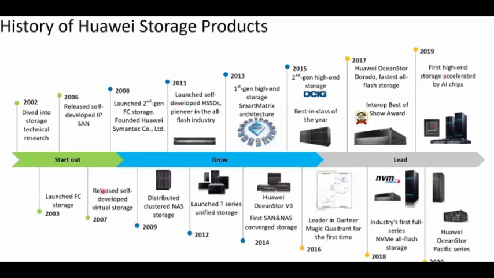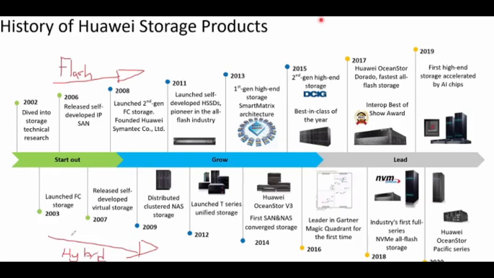For their all-flash storage and all their unified storage, you can see two tracks. This is for all-flash, and this will be for hybrid storage. All-flash products only use SSDs.